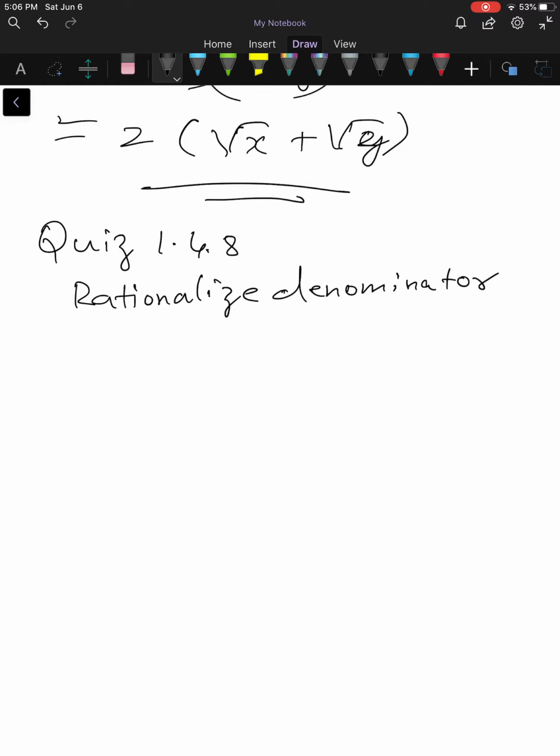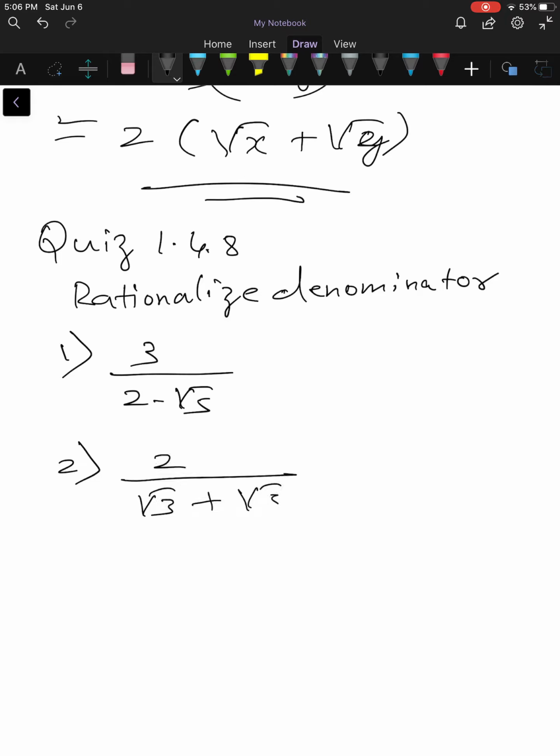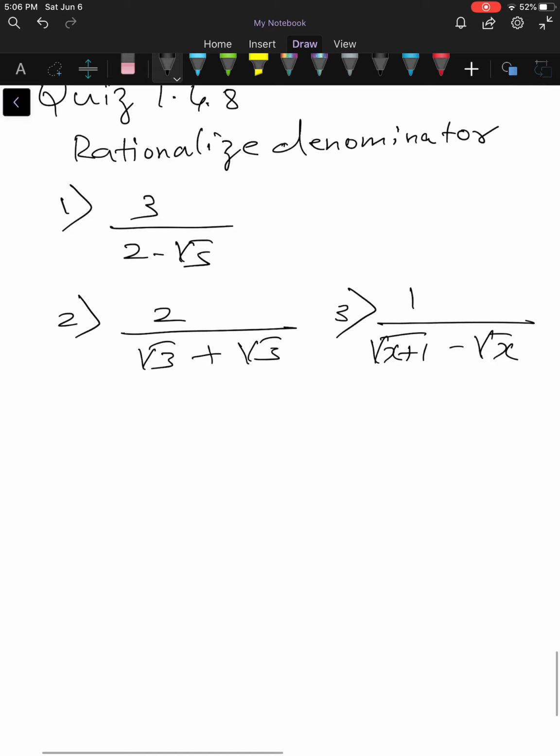Even if there is a radical in the numerator, you need not worry about it, you need not rationalize it. So first one, 3 divided by 2 minus square root of 5. Second one, 2 divided by square root of 3 plus square root of 5. Third one, 1 over square root of x plus 1 minus square root of x.